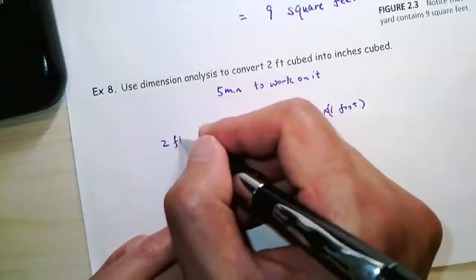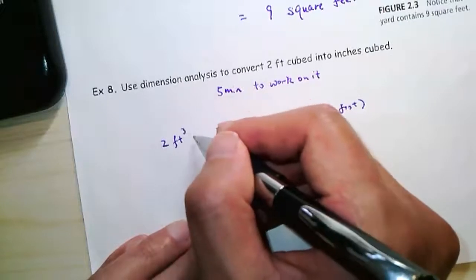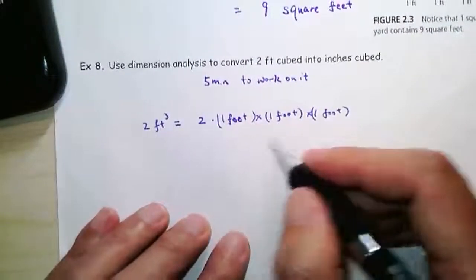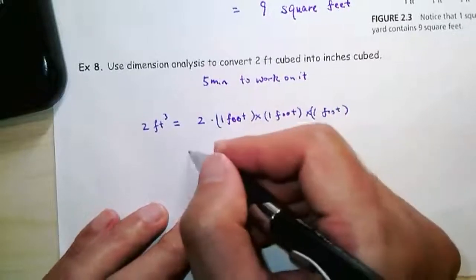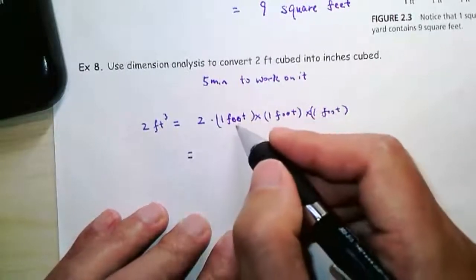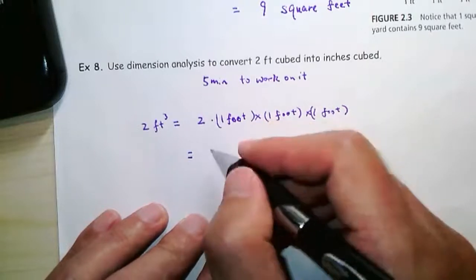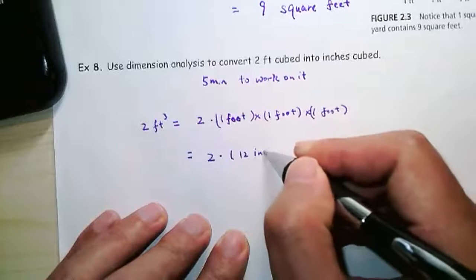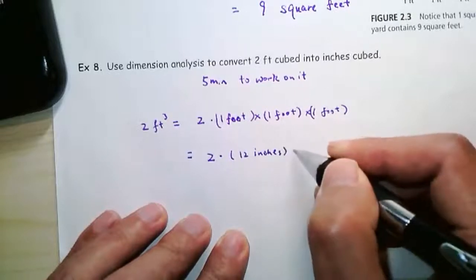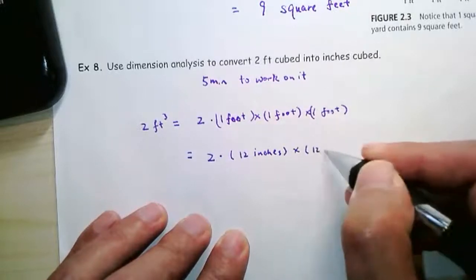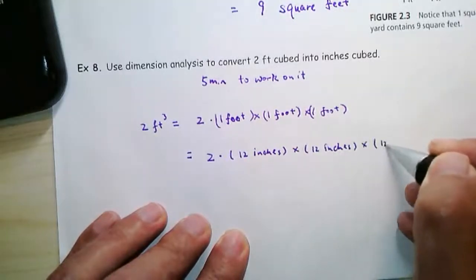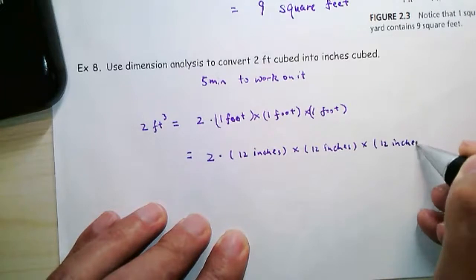That's 2 feet, cubed. If you break it down, it means such a thing. So what is 1 foot? 1 foot is 12 inches, right? 12 inches times 12 inches times 12 inches.